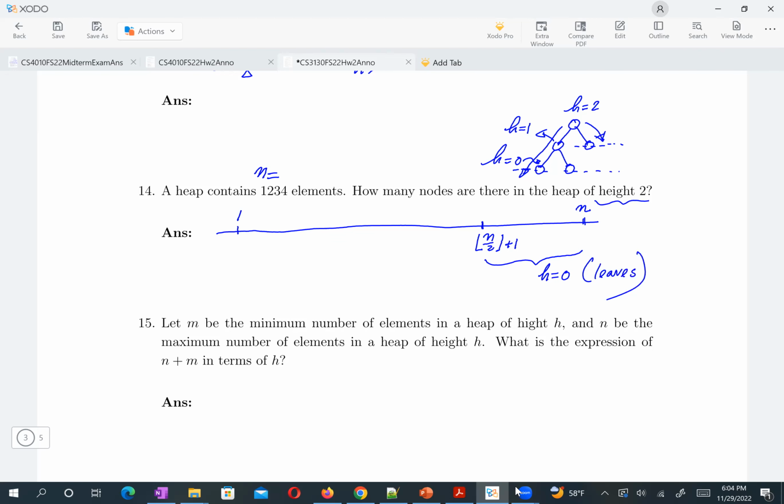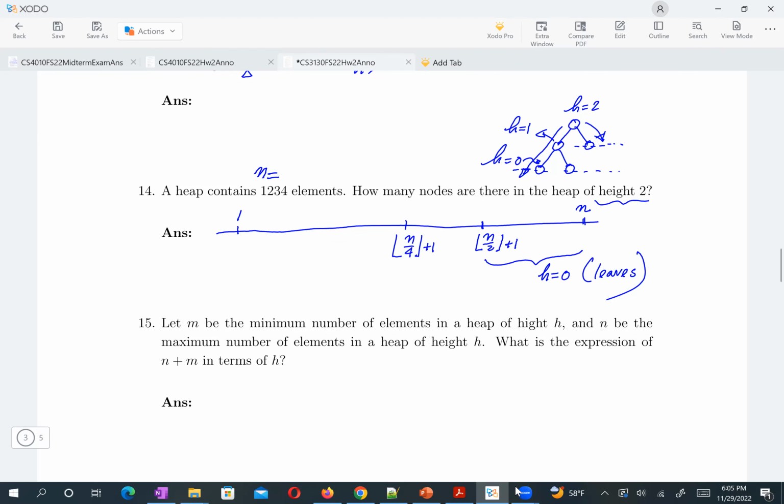Then the next subinterval starts at n/4 + 1.